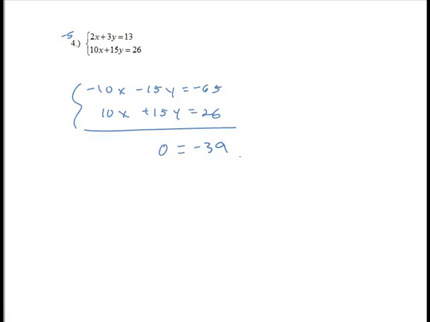If all the variables cancel, that means one of two things: infinitely many solutions or no solution. The remaining equation here is obviously a false statement, which means no solution to this system. Therefore, the lines are parallel. If you were to graph those two equations, the lines would never touch or intersect.